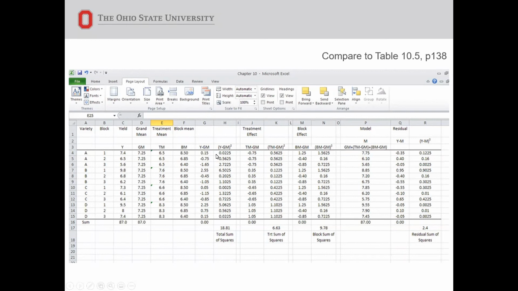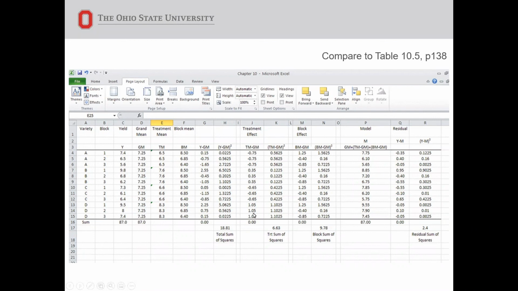This is our raw data, and we can go ahead and calculate. The individual yield minus the grand mean defines the overall variability of the experiment. We would square those individual values, and we would calculate 18.81 as the total sum of squares. Moving on to the next effect in the model, the treatment effect. We subtract the grand mean from the treatment mean.